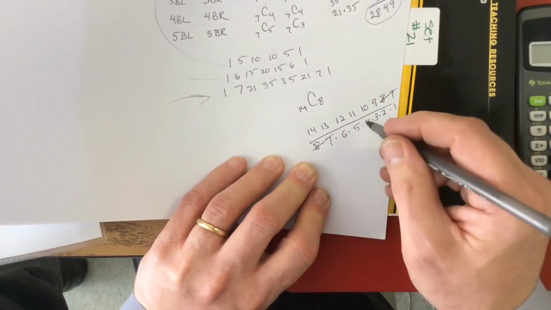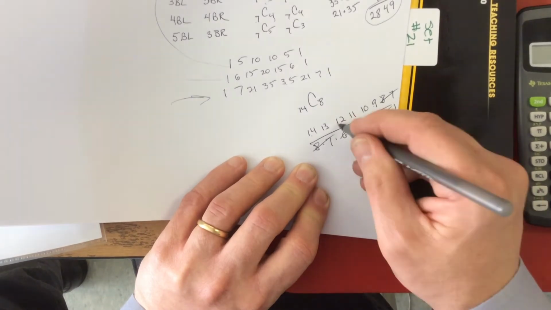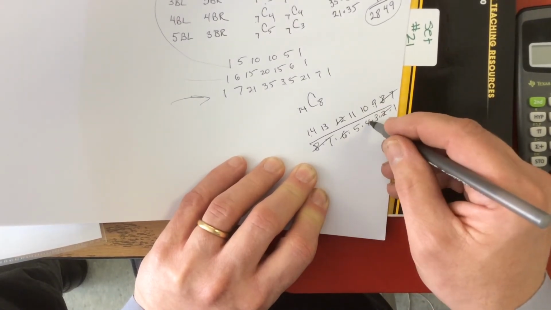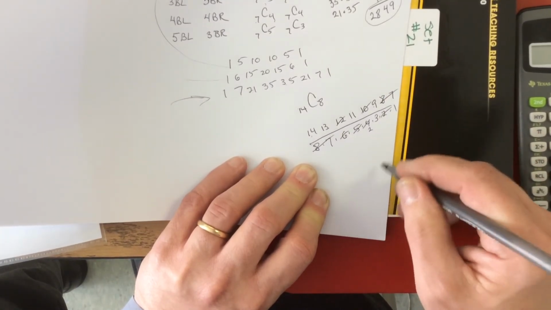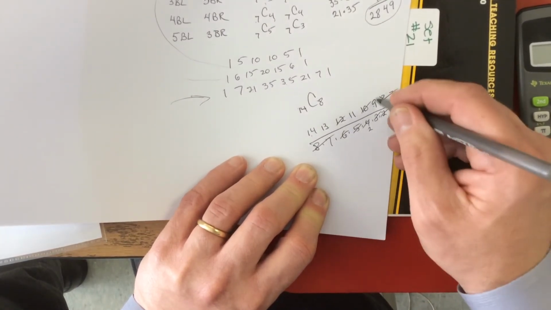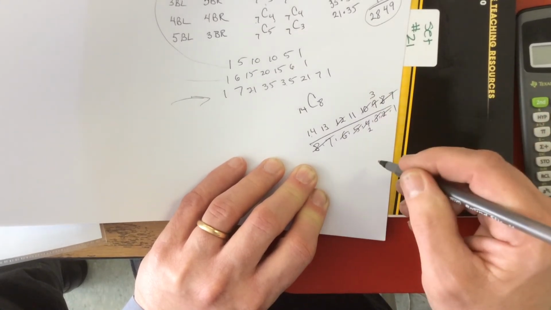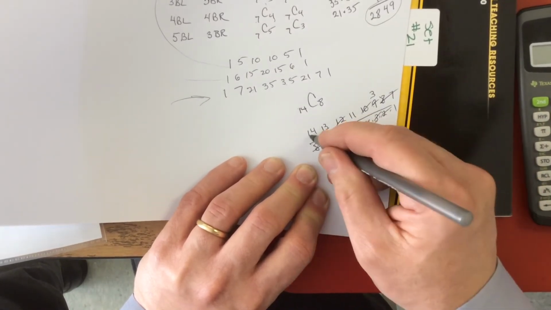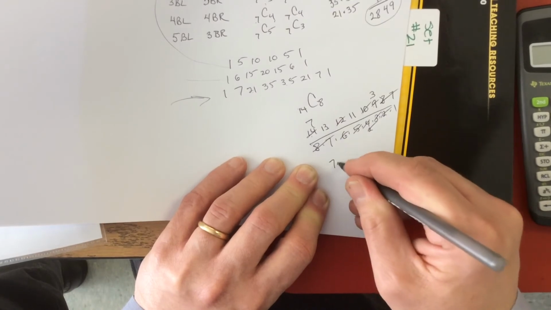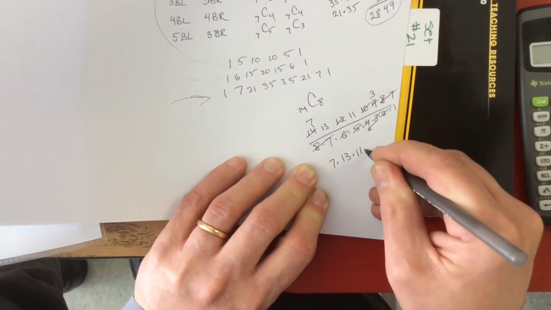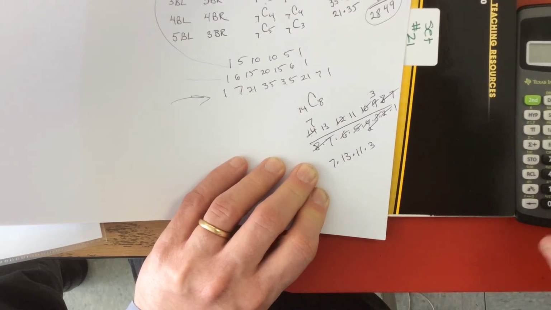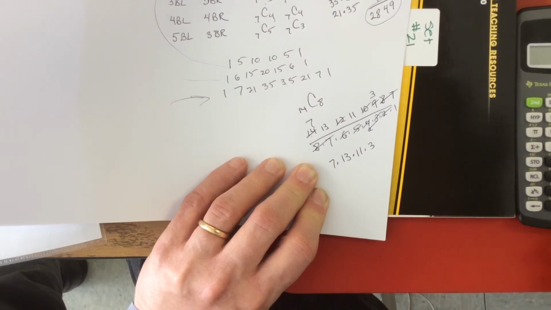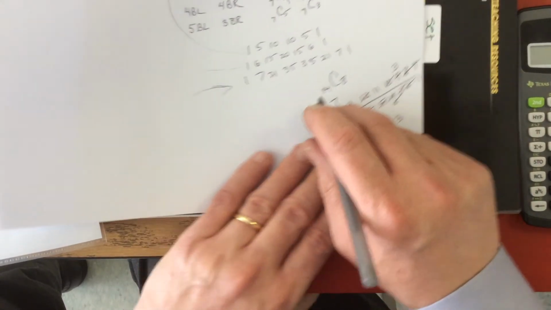The 6 and the 2 can go away. 2 times 5, we'll get rid of that. 3 over here, we'll get rid of that. So what I have is 7 times 13 times 11 times 3. That's 3003.